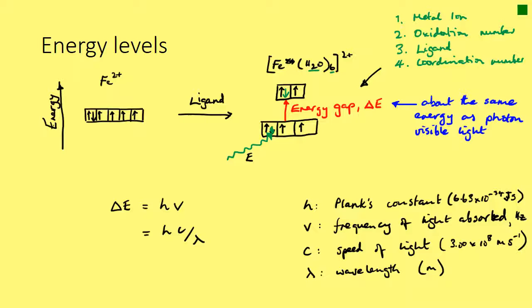In this case we were dealing with water, and it depends also on the coordination number, which in this case was 6. So those 4 things determine the energy gap, and in turn the energy gap, and therefore the frequency of light that's absorbed, determining the colour, they identify the metal ions. So we can use the energy gap and the resultant colour of the solution to identify metal ions.